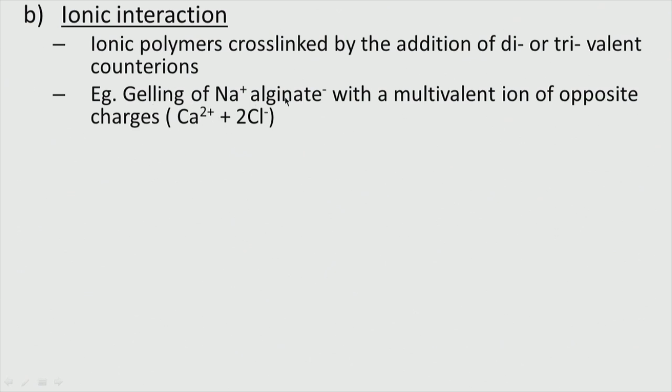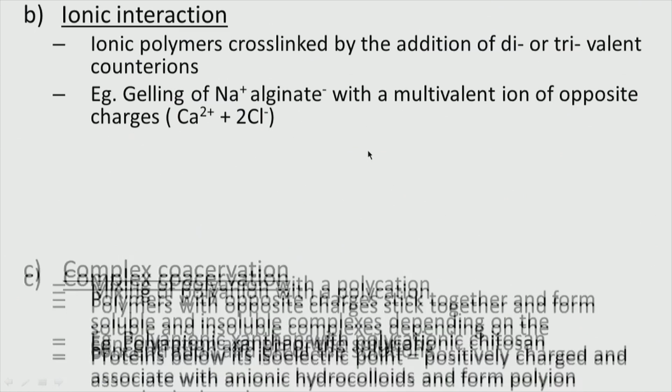If we take sodium alginate, like the name implies, sodium and alginate, we can add calcium to that. Then when we add this type of multivalent cations, it forms a gel because calcium has 2 plus charge, so it can connect to 2 different alginate chains.